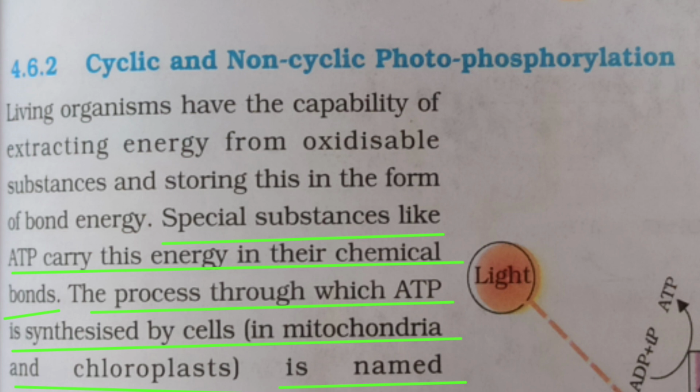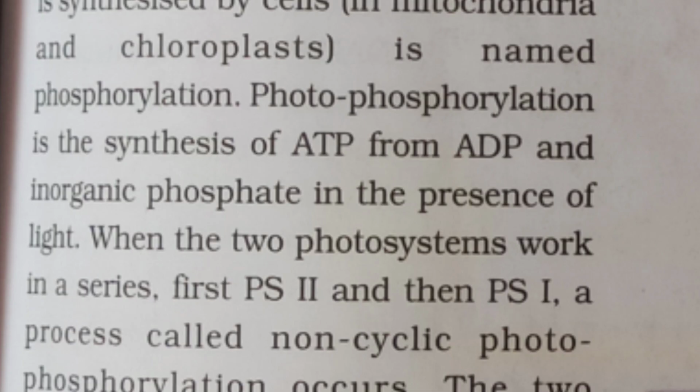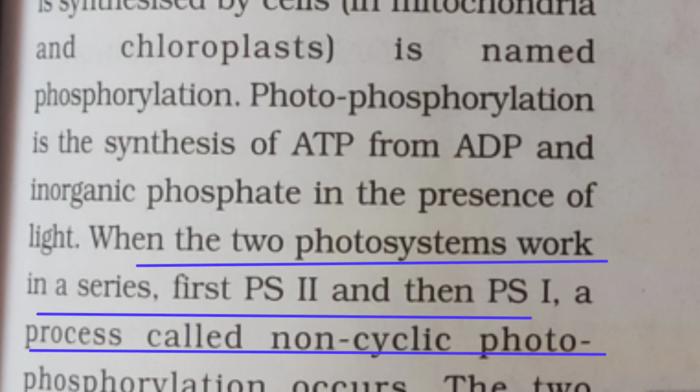The process through which ATP is synthesized by cells in mitochondria and chloroplasts is named phosphorylation. Photophosphorylation is the synthesis of ATP from ADP and inorganic phosphate in the presence of light.